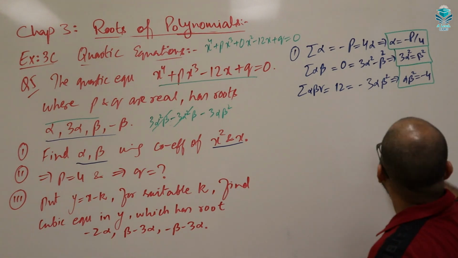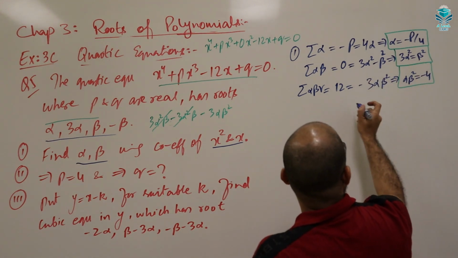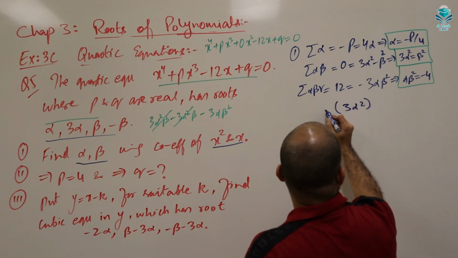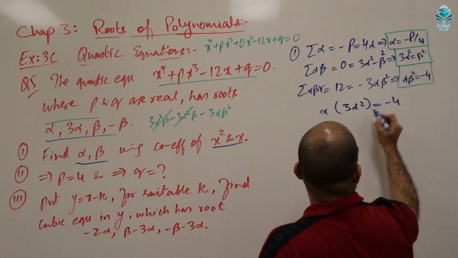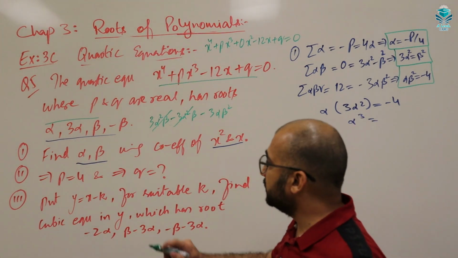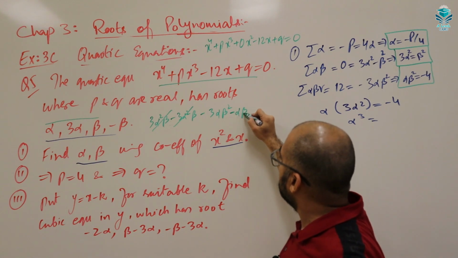So students, beta square is equal to 3 alpha square, and alpha is equal to minus 4, alpha cube is, one more root please from here, minus alpha beta square.